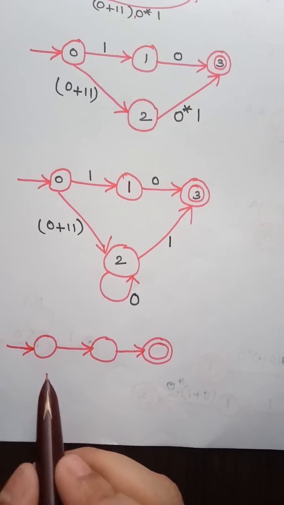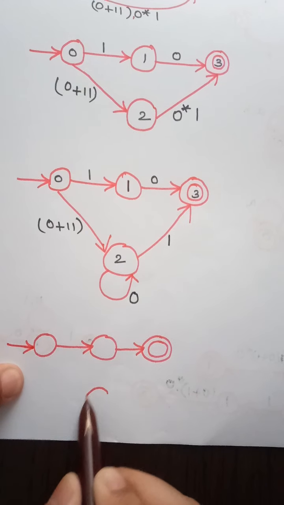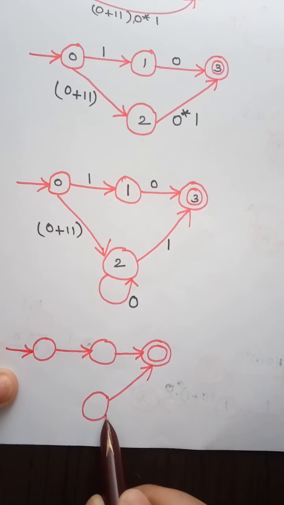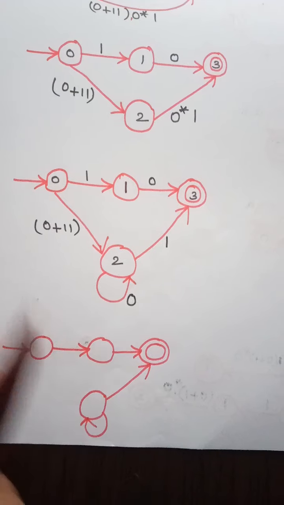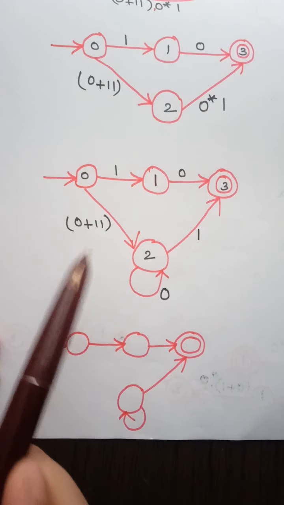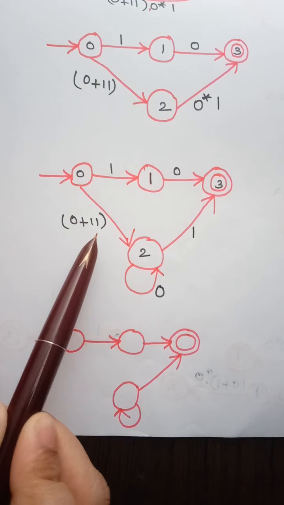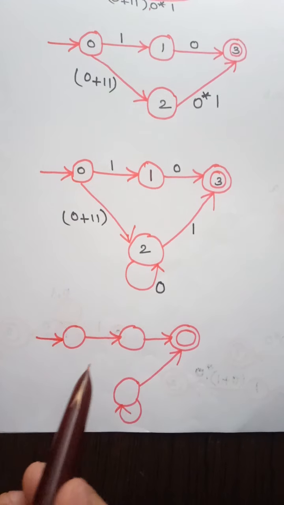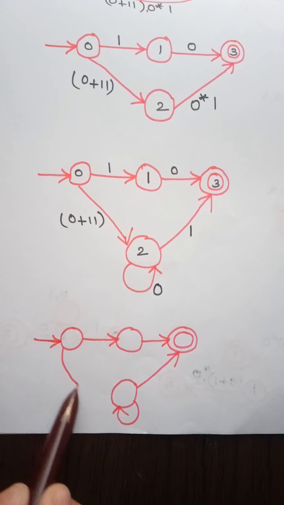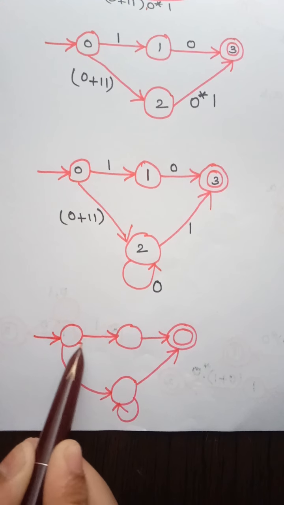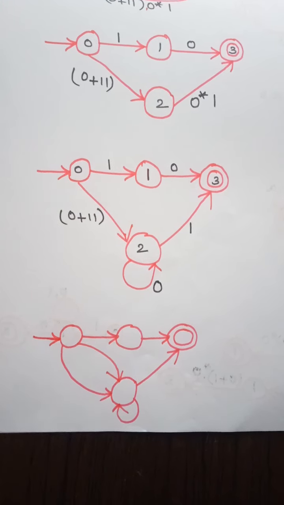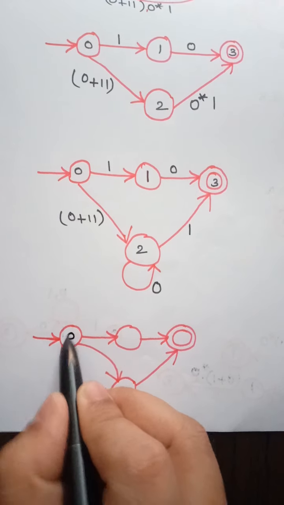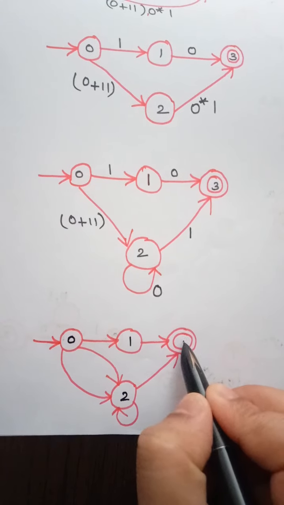Again here we'll have the same intermediate node. Now we are going to split this 0 and 1 1. We have a union operator here. If a union operator is there, we have to split this like this. So this is 0, 1, 2, 3.